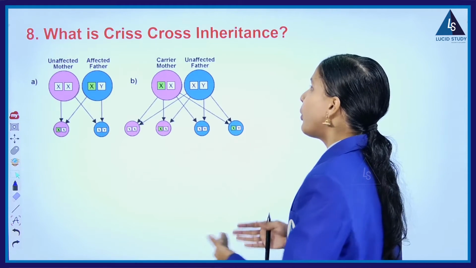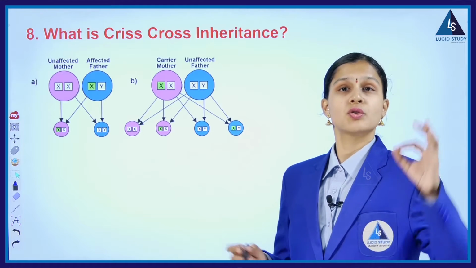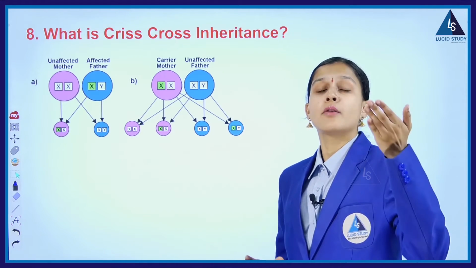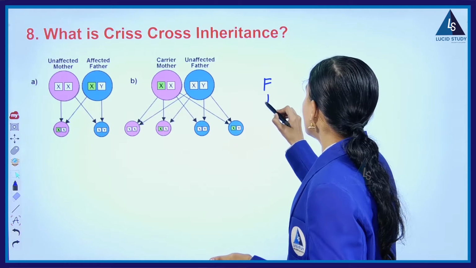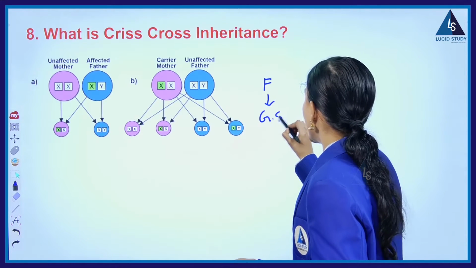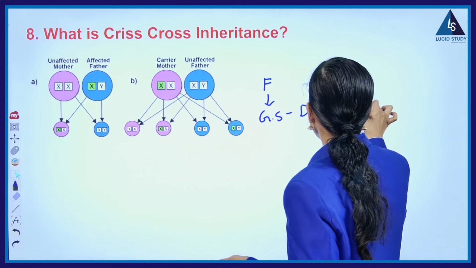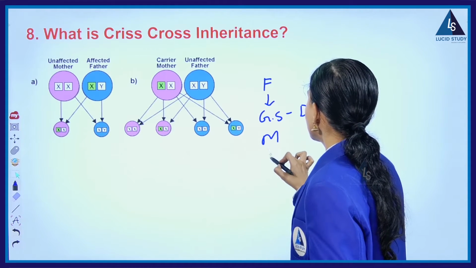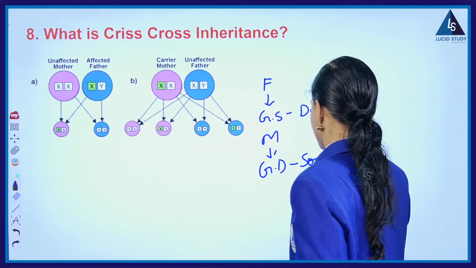Next question. What is crisscross inheritance? So crisscross inheritance is usually the inheritance of sex-linked characters from father to grandson through daughter and from mother to granddaughter through son.